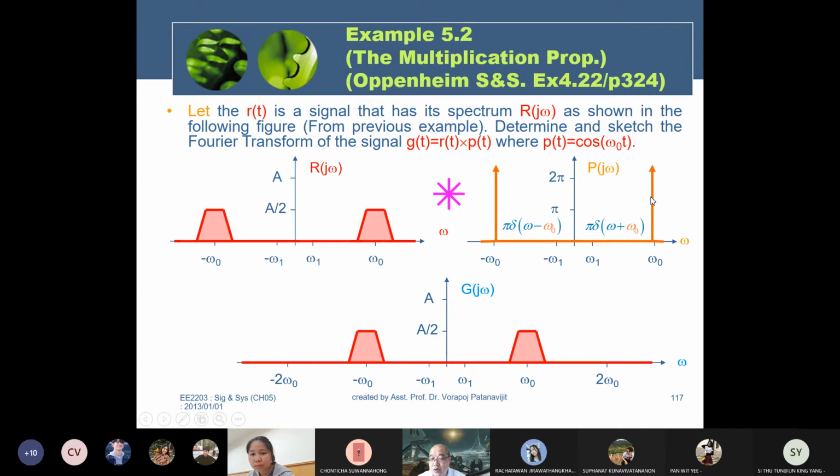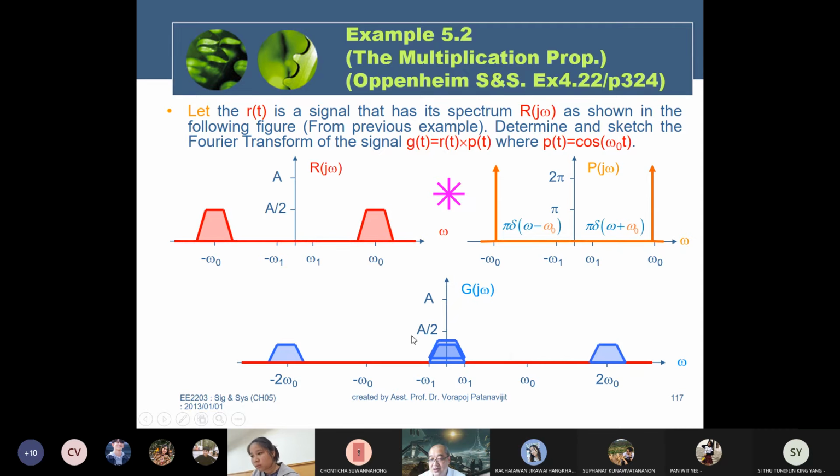In this case, you have two impulses, one shifted to the left by omega naught and one shifted to the right by omega naught. Therefore, this spectrum will be split by 2 when you take the convolution with this. And the right spectrum will be the same: multiplied by this, you shift to the left and shift to the right.